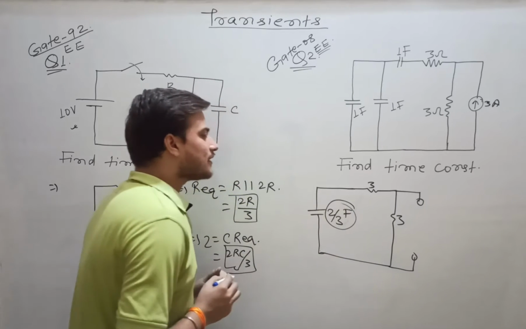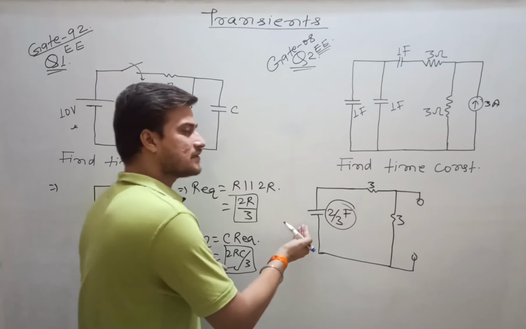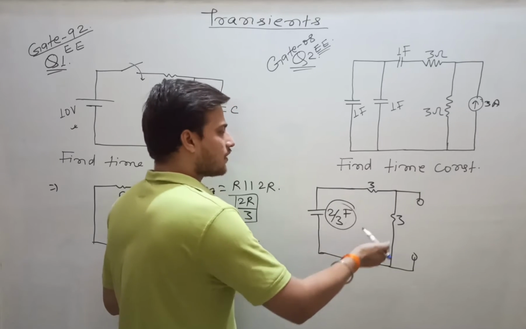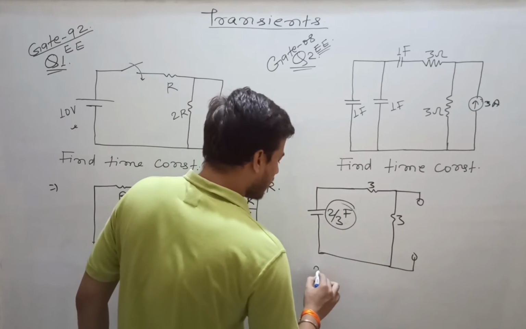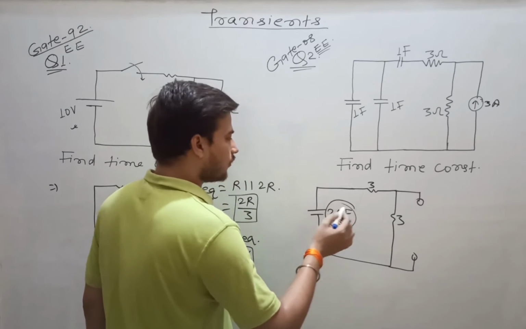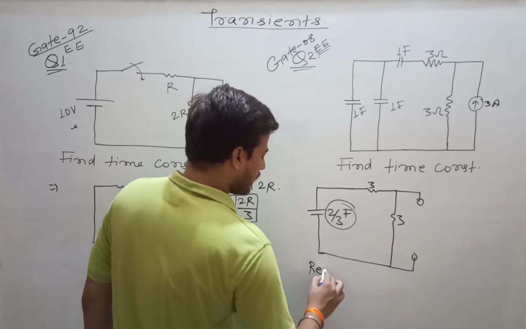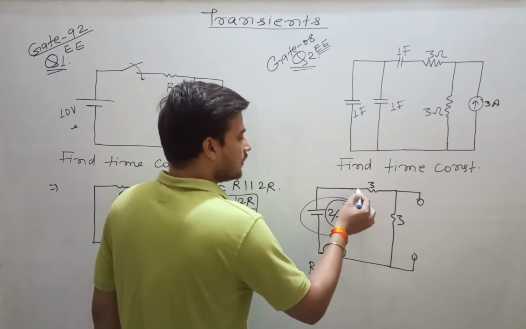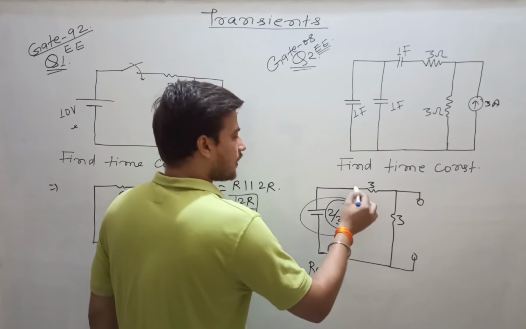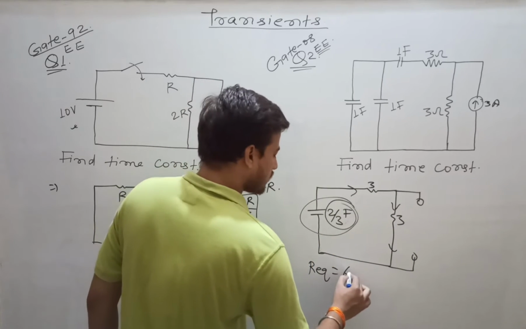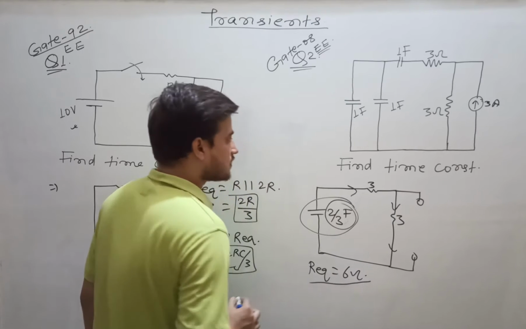If it is 2 by 3 farad, so now this capacitor will be treated as a voltage source and we will find R equivalent. So here the value of R equivalent for this voltage source will be how much? Here you see that 3 ohm and 3 ohm are connected in series. So R equivalent will be equal to 6 ohm.